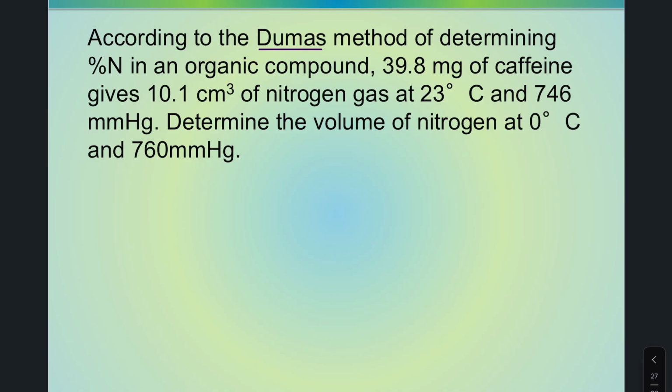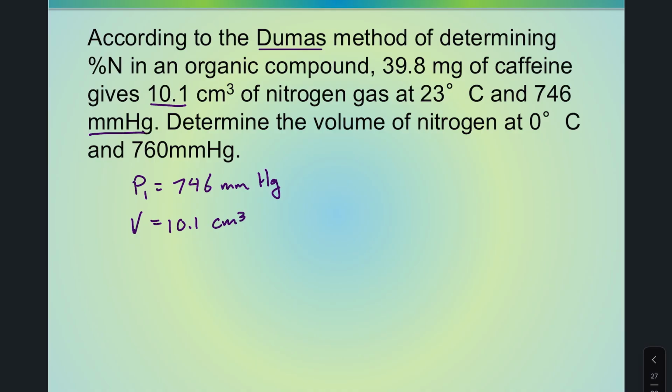Okay, so let's try it. Our P1 is going to be whatever we start with. Our first pressure is given here in millimeters of mercury, so that is going to be 746 millimeters of Hg. Our V1 is going to be our initial volume, which is 10.1 cubic centimeters.